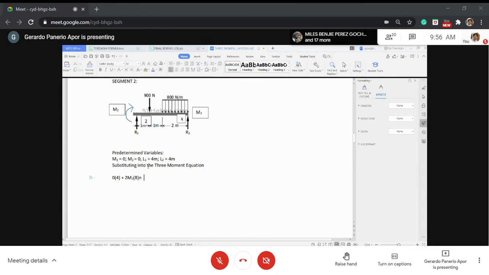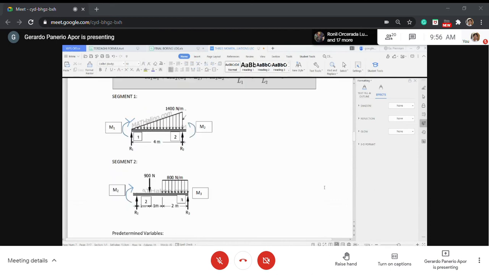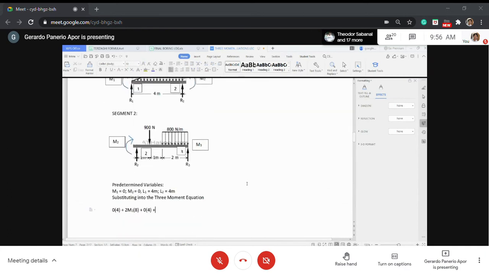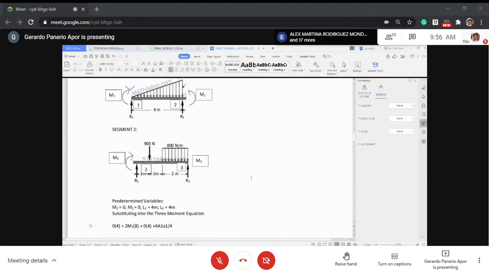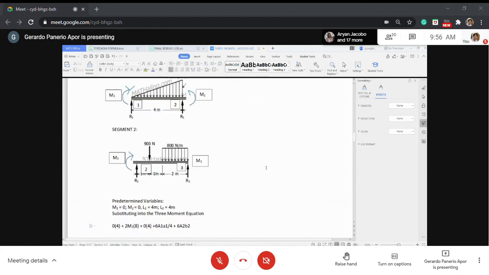Then we have another plus, M3 is 0, 0 times 4, then plus again 6A1 bar over L1 plus 6B2 over 4 must be equal to 0.